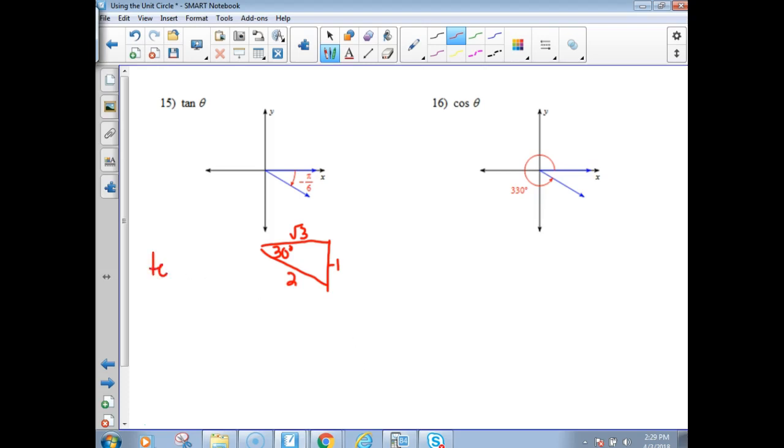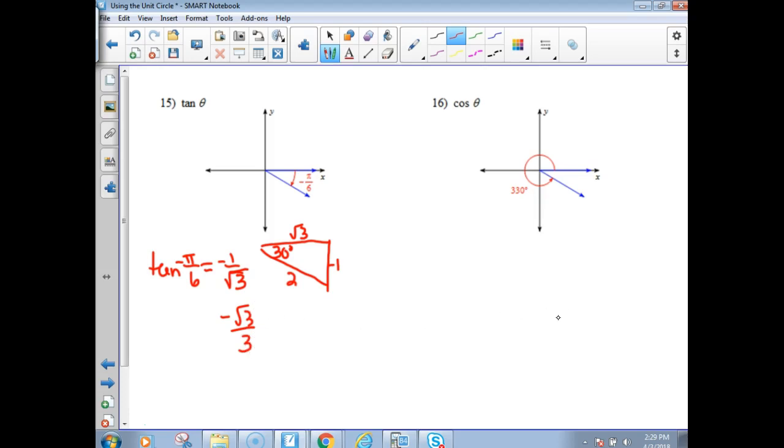That means the tangent at negative pi over 6 is going to be opposite over adjacent. Is that the same answer I just got? Yeah? -1 over the square root of 3? Rationalized would be negative square root of 3 over 3. I think we just got that answer again, and that's because we did 330. That's why this seems so familiar.